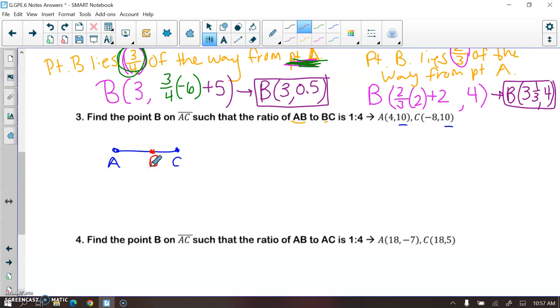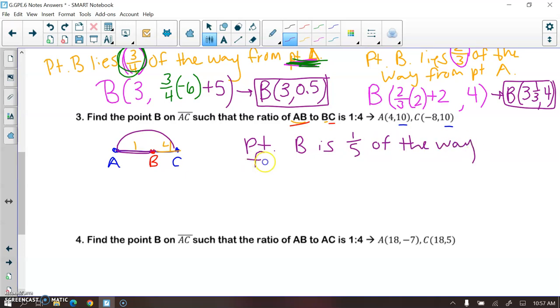But we know the ratio of AB to BC is 1 to 4. So this means that point B is 1/5 of the way from point A.